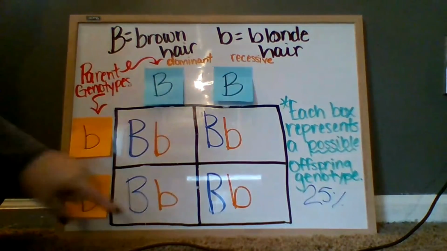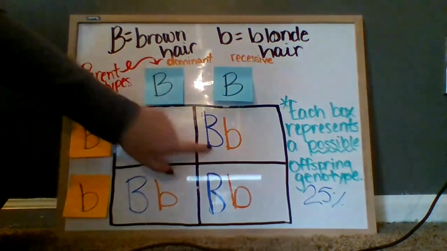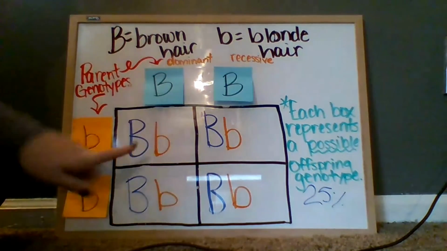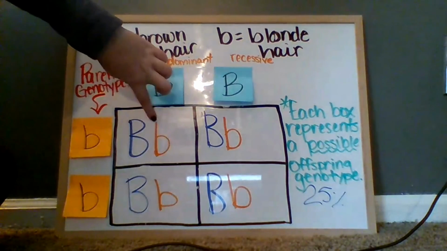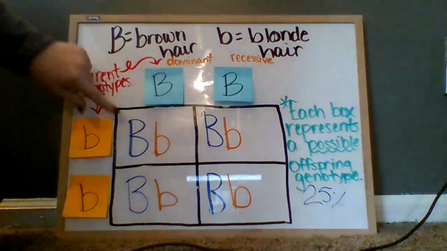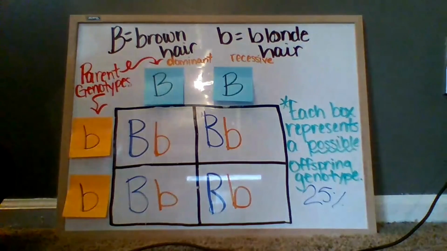And that leaves us with the same genotype, the same allele combination, in each of the 4 boxes. And just another quick reminder, with a dominant allele and a recessive allele, is this homozygous or heterozygous? All of these boxes are heterozygous genotypes.